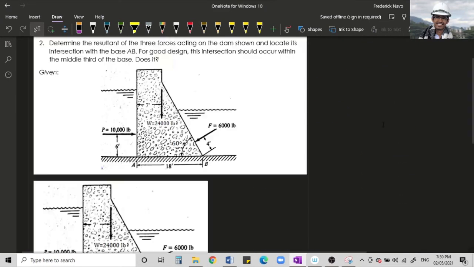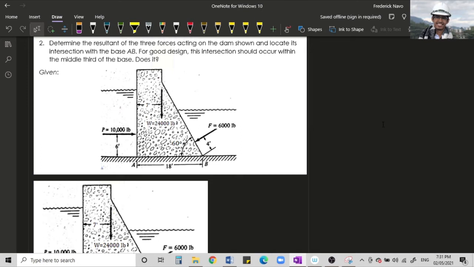Okay, so next problem tayo. Determine the resultant of the three forces acting on the dam shown and locate its intersection with the base AB. So for good design, this intersection should occur within the middle third of the base. That's it. So we have a system of forces here, no? This is non-concurrent and non-parallel force system.